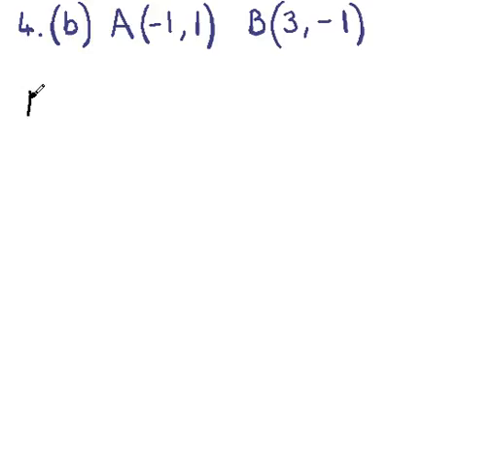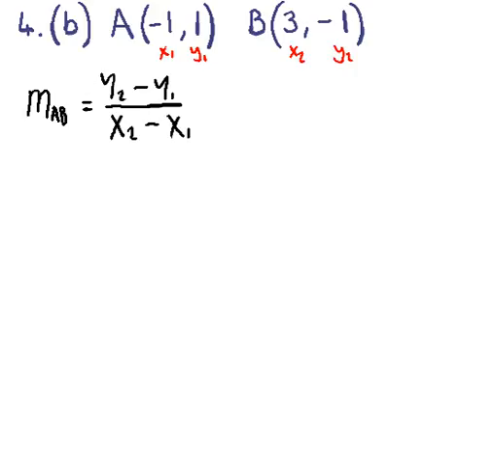So using the gradient formula, m, the gradient of line AB, is y2 minus y1 divided by x2 minus x1. And that's where x1, y1, x2 and y2 are as indicated.